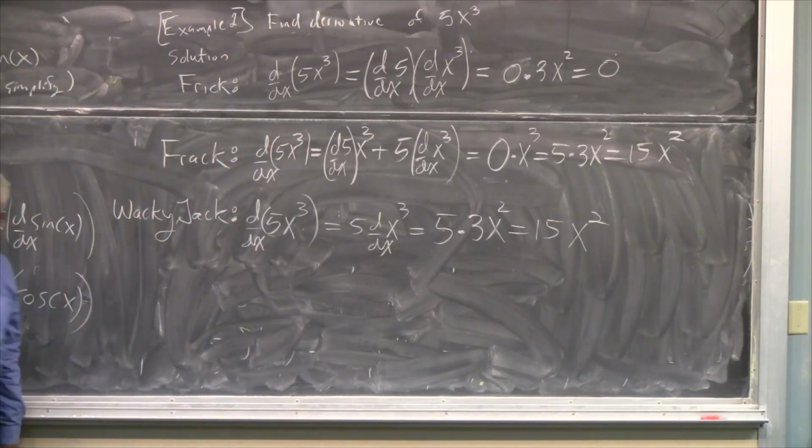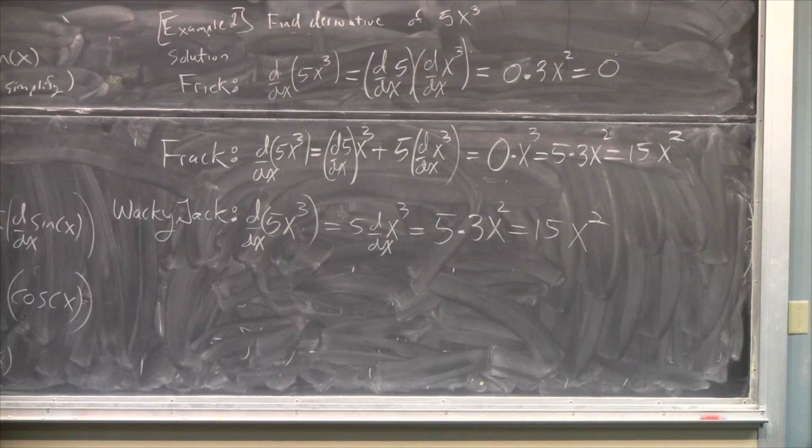All right, who has comments on these three solutions: Frick's, Frack's, Wacky Jack's. Got one hand up. More hands. Who's right, who's wrong? Yeah. I believe Wacky Jack is correct.